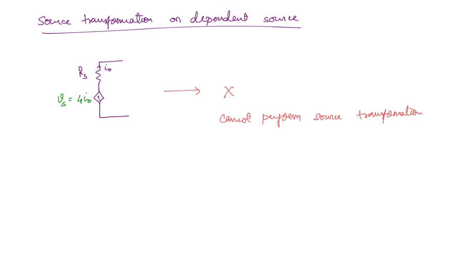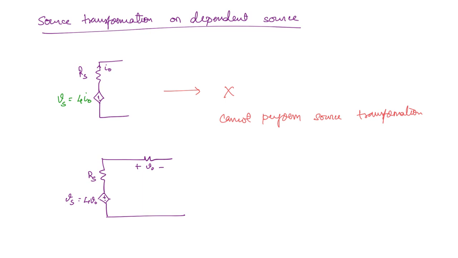Let me take another example where it is possible to do the source transformation. There is another resistor here. Now this is Rs, and the voltage across this we are taking as V0. And Vs is equal to 4 times V0, let us say. Now we can apply source transformation to these two.